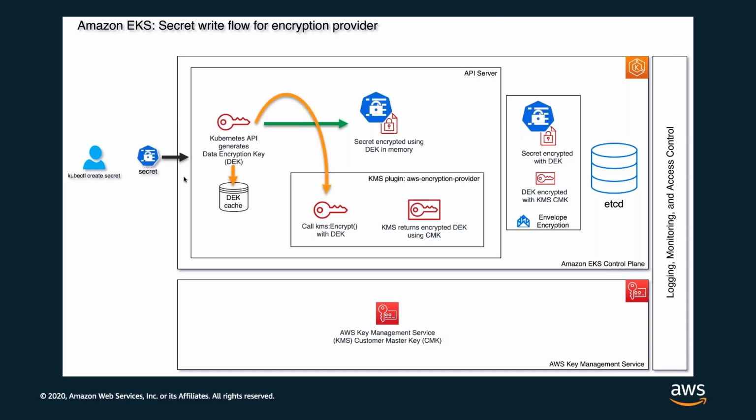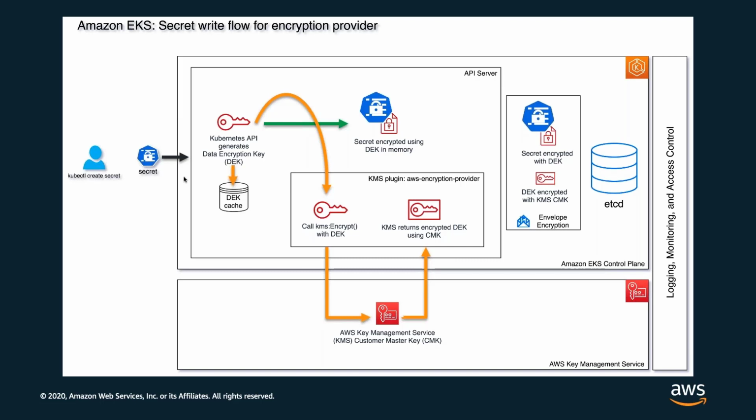So the KMS plugin, AWS Encryption Provider, calls KMS and asks it to encrypt the DEC with the customer master key. So there is an encrypt call going out to AWS KMS, which returns the encrypted DEC using the CMK. Now, that gives us both components of envelope encryption.